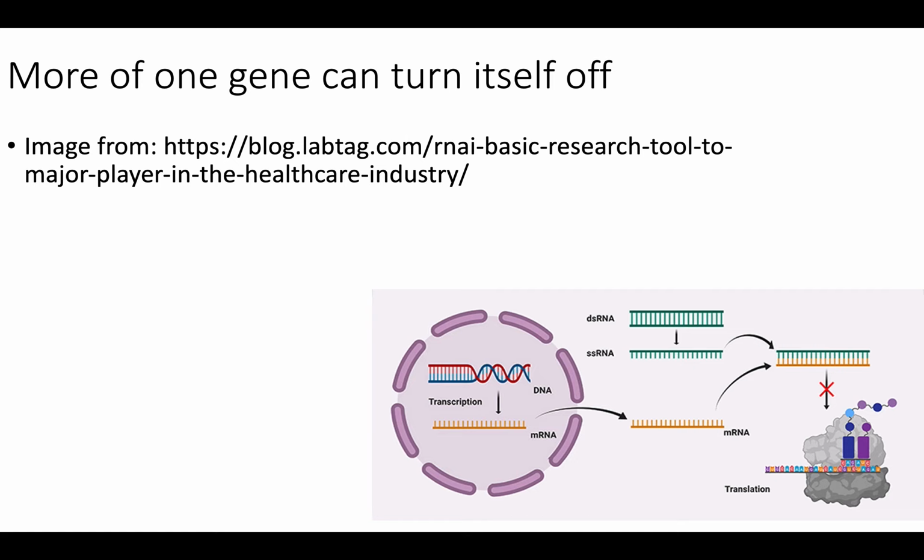And sometimes more of one gene can actually turn that gene off. This sounds counterintuitive, because normally if you add more of something, it increases instead of decreases. But this happens all the time, and we use it in genetic engineering for making plants of different colors, for new ways of fighting viruses, antivirals, and a bunch of things.